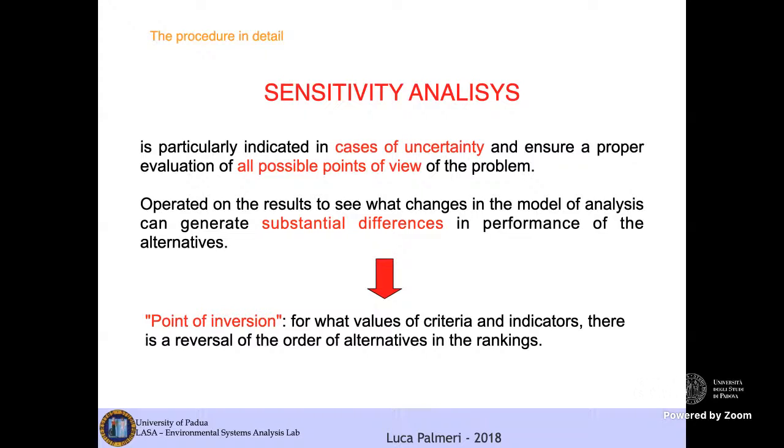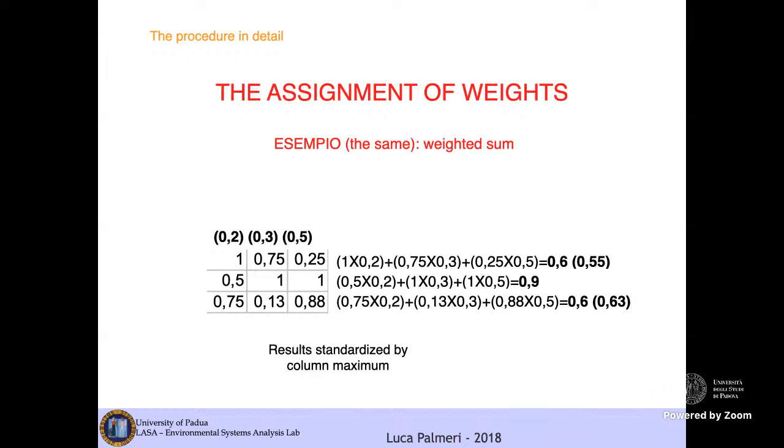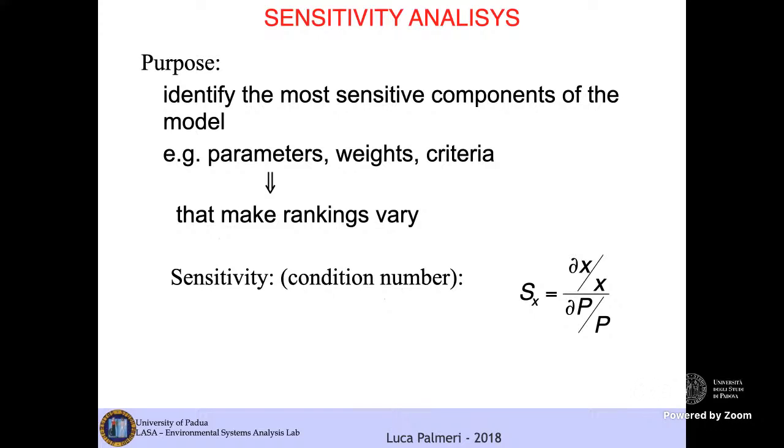So in practice, you make a sensitivity analysis by changing, for example, the values of the weights, or the values of the criteria indicators, or the values of a single criterion, and you study how the ranking changes.